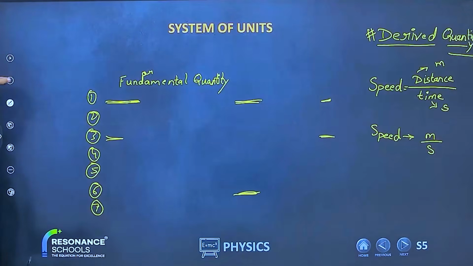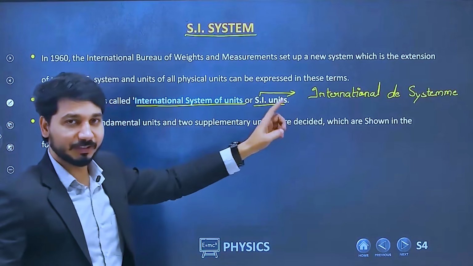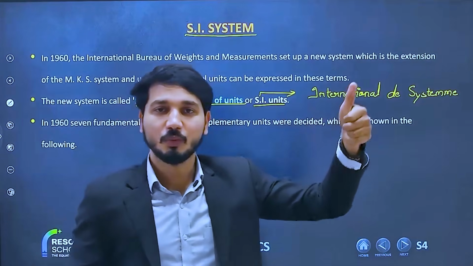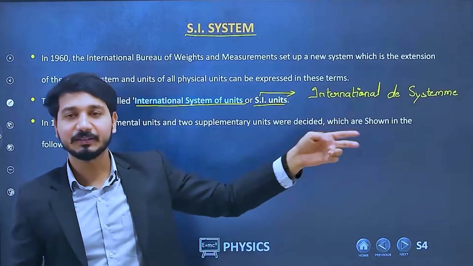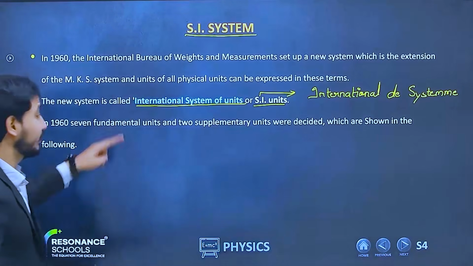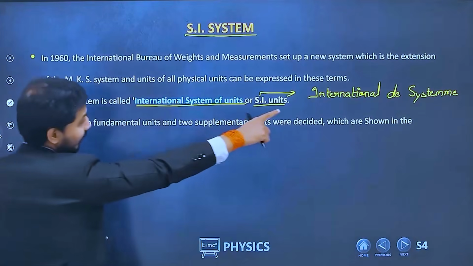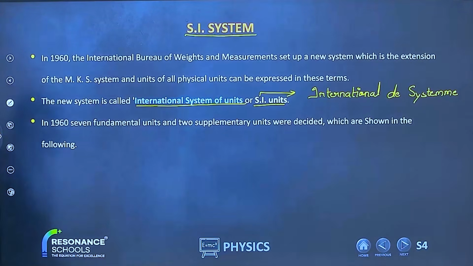So basically there are four systems of units: FPS, CGS, MKS, and the last one, SI.